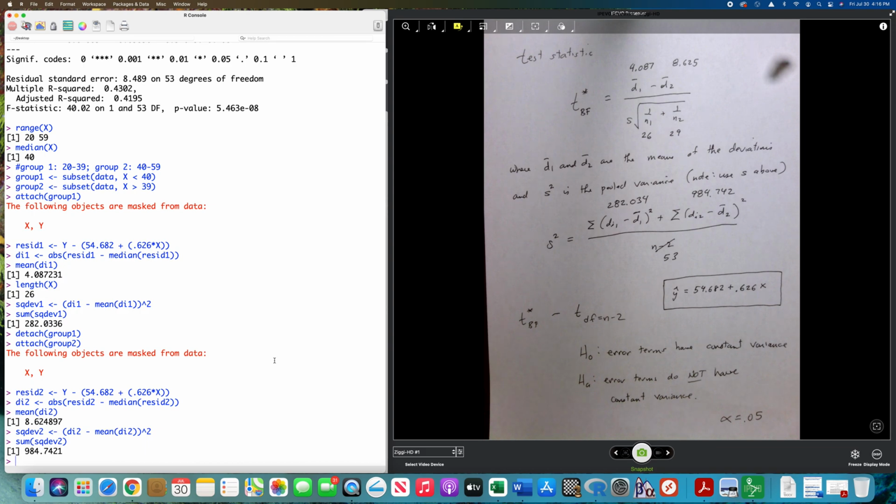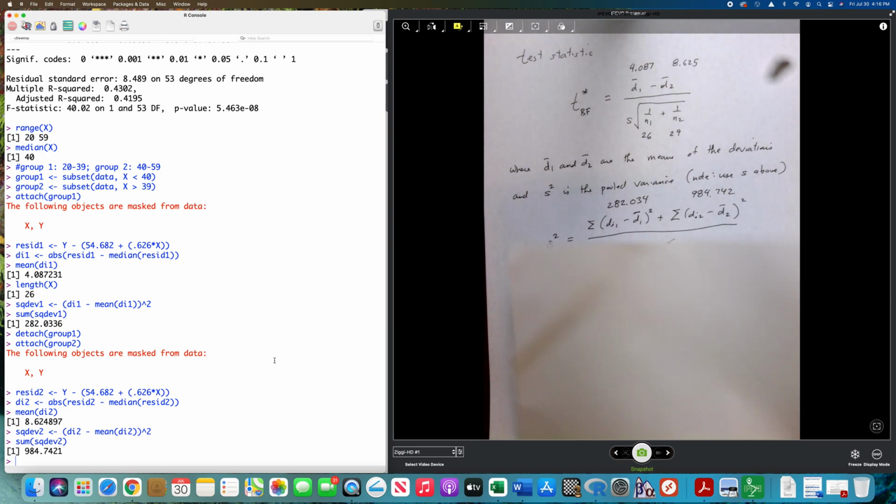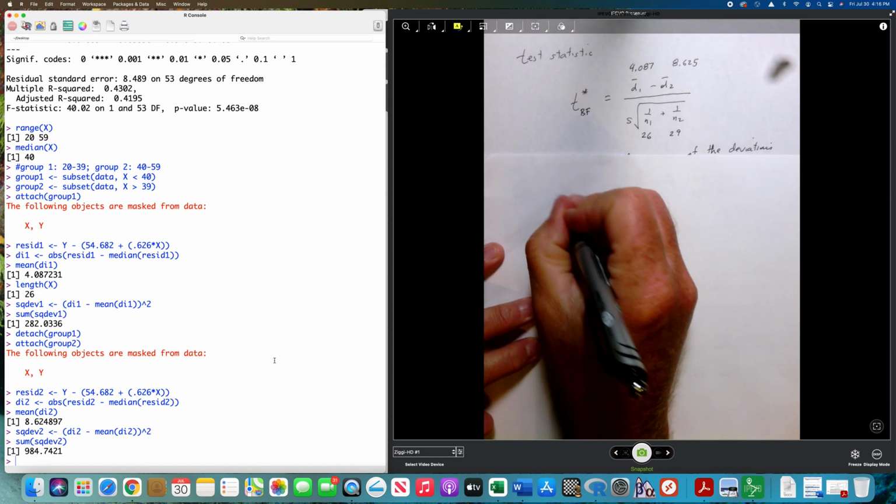Let me grab another sheet of paper. Well, I don't have another sheet of paper. All right, so let's calculate s squared first.